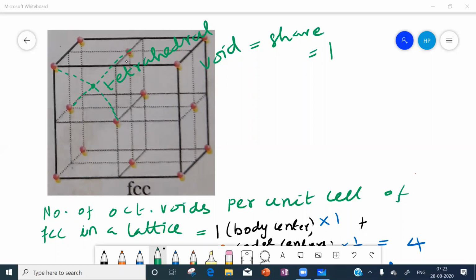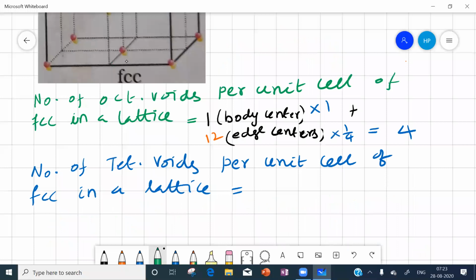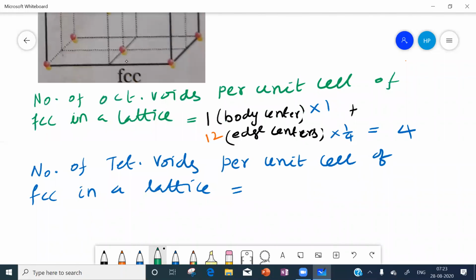Therefore, how many tetrahedral voids are possible for this unit cell? The number of tetrahedral voids per unit cell of FCC in a lattice is 8.